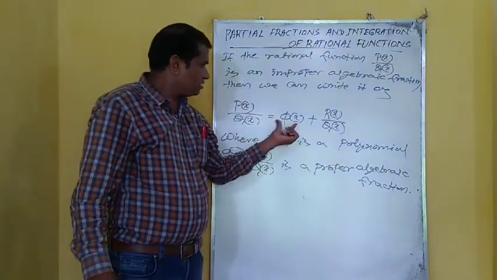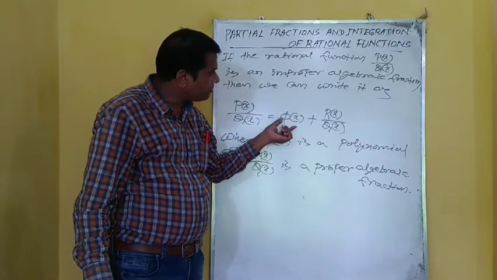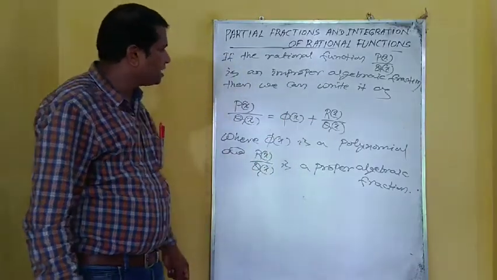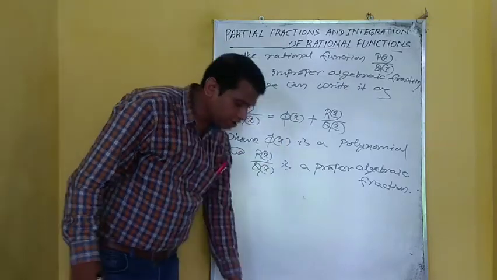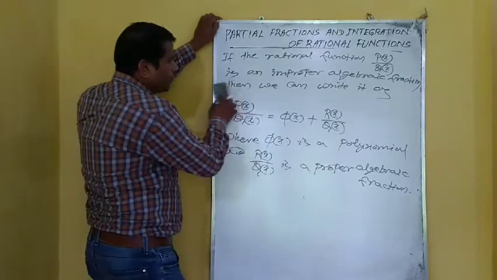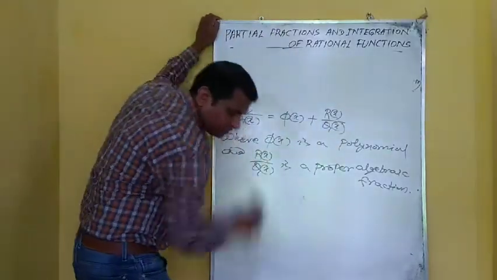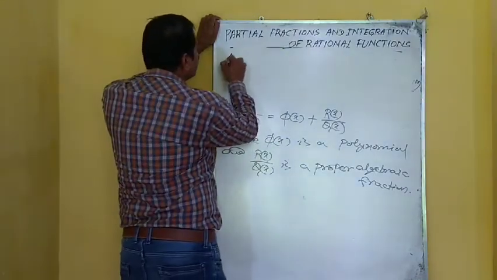That the remainder is r of x and the quotient is phi of x. Okay, that is, now we take an example that we already know.